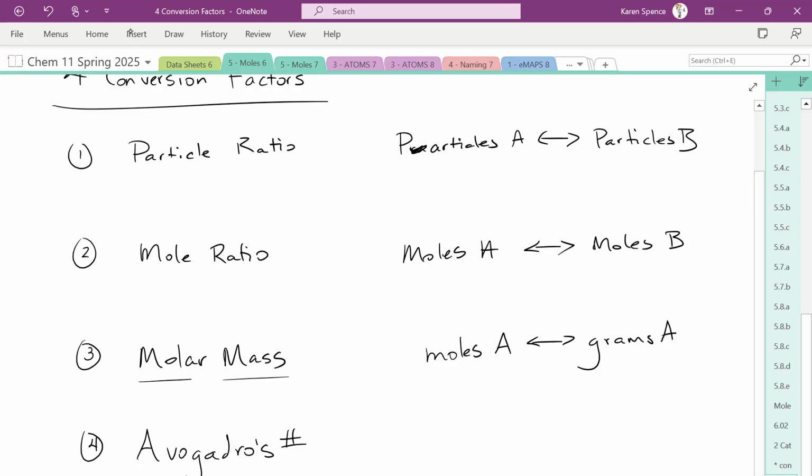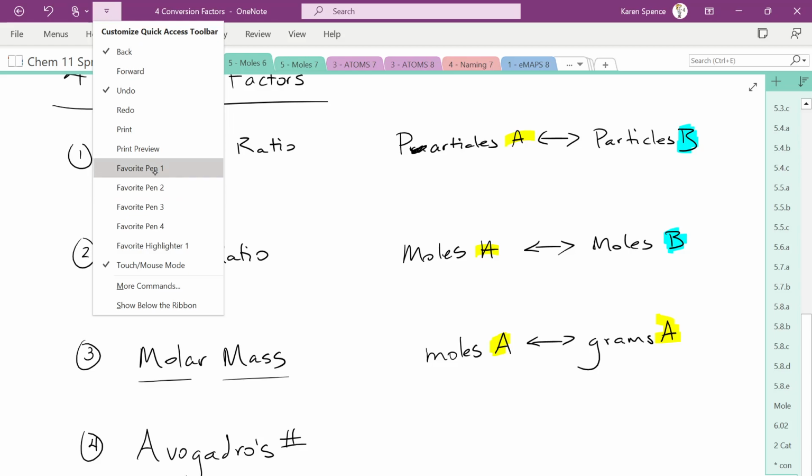Okay, so here's our A's, A, B, B. So the first two are used to convert between 2 different substances. Molar mass, you have to have the same substance before and afterwards.